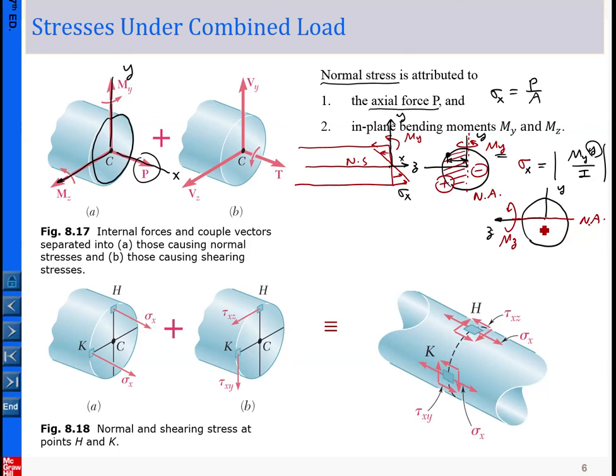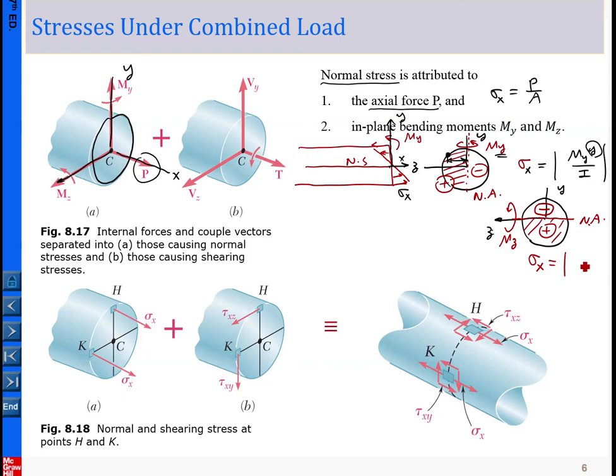So in this case, the lower portion will be in tension, the upper portion will be in compression. And the same thing, you can see those stresses basically pointing out of the paper or into the paper. So that is the x direction, the same thing, that is the x component and the normal stress.